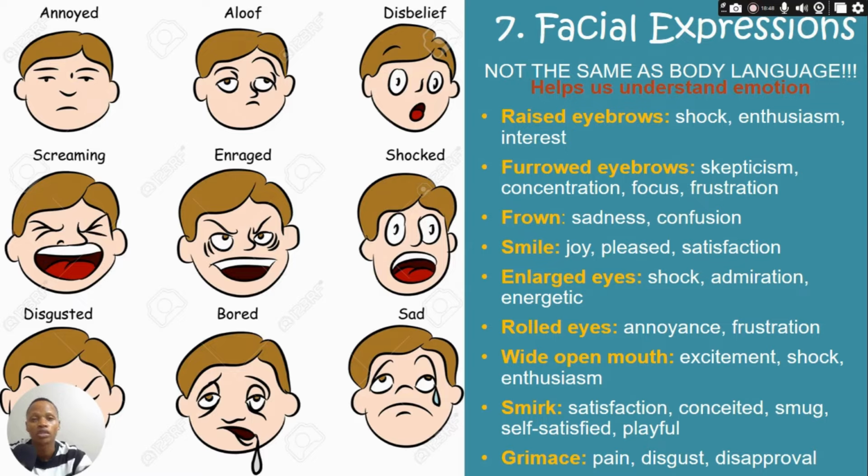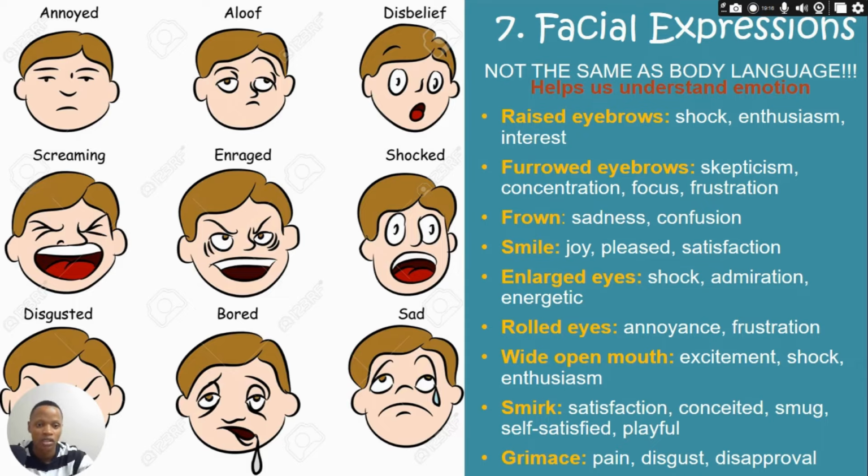So if the question says maybe with close reference to the body language, that means you need to look at the body, not the face. That's just below the face. So raised eyebrows are some of the examples. It could show shock or enthusiasm or interest, or you could have furrowed eyebrows, which show skepticism or concentration or focus. These are all examples.